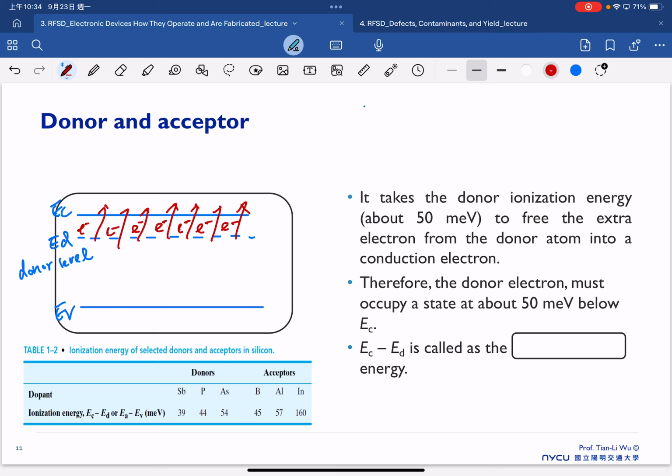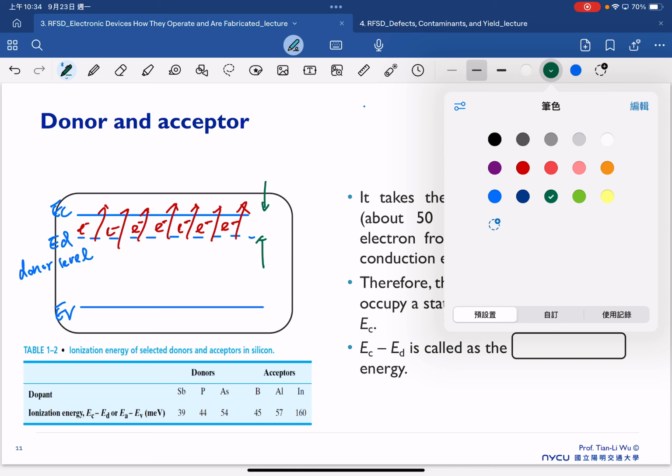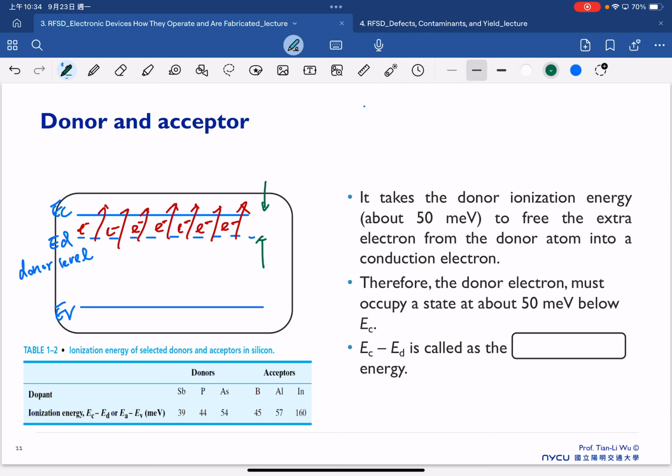So ideally, we should have a donor that gives us a very small difference between EC minus ED. And this EC minus ED is what we call the donor ionization energy.